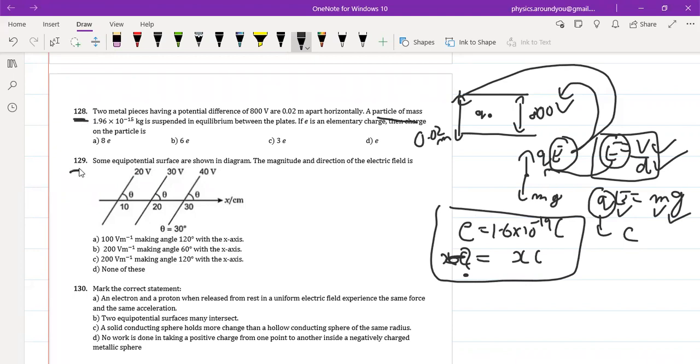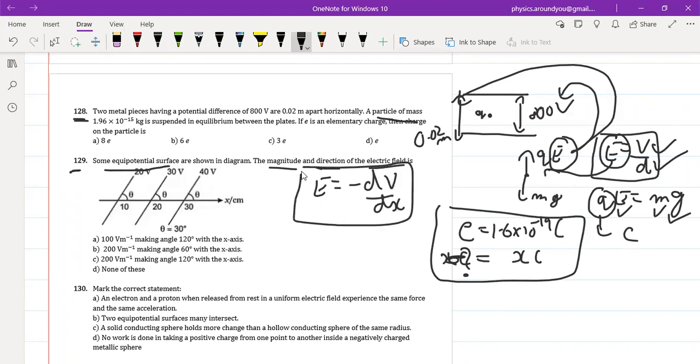Question number 129. Equipotential surface is asked, direction and magnitude is asked. Well, we know that a relation between field and equipotential is E equal to minus dV by dx. Hold on. We know that electric field is always perpendicular to equipotential surface.